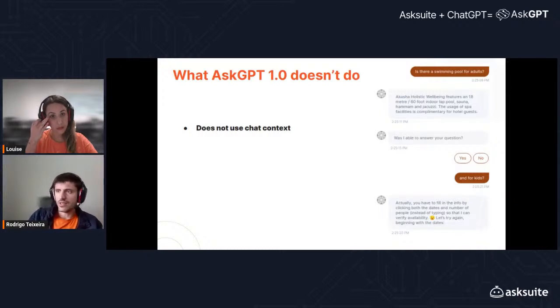As we can see here, we won't be able to understand that the second question refers to the first one. Of course, these two limitations are in the product backlog for future improvements, but for a while we won't be able to do it. And of course, this is only the first version.